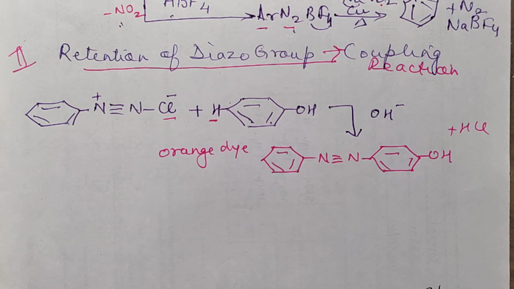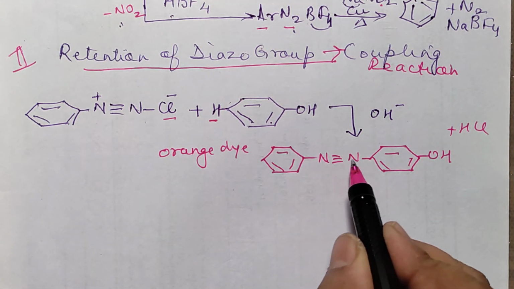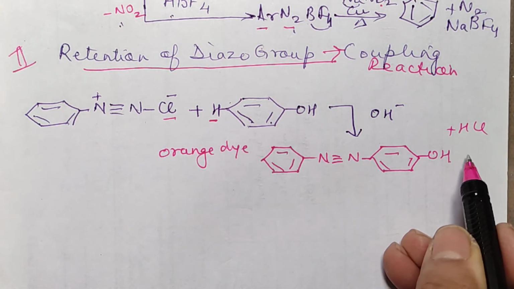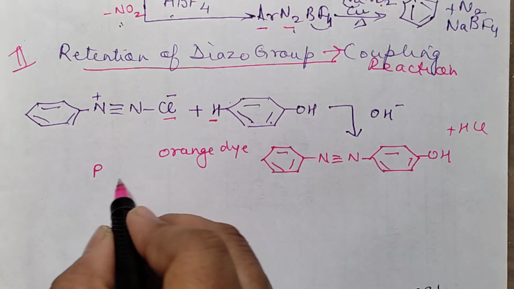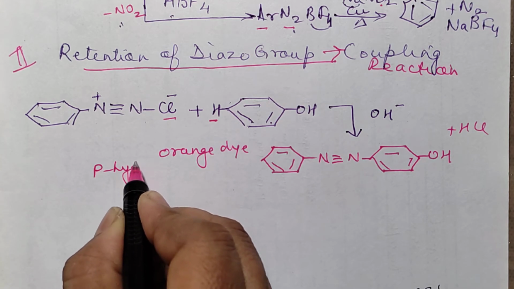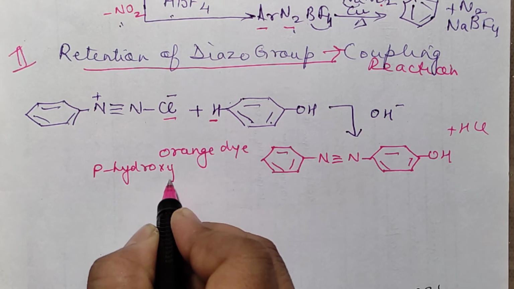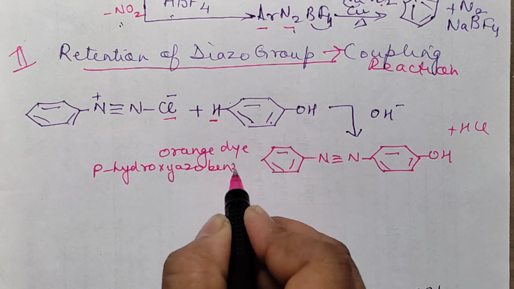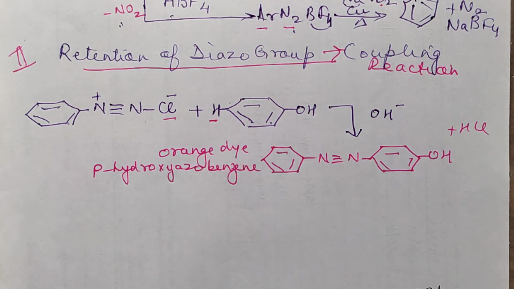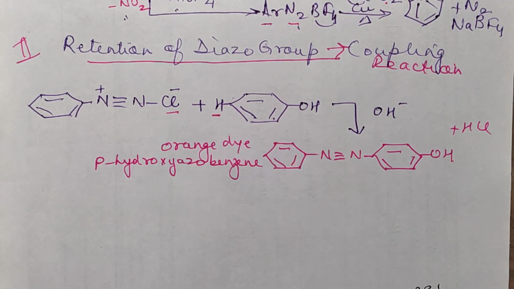Now what will be the name for that? You check with reference to this. On the para position there is OH. OH means hydroxy, so it is para-hydroxyazobenzene. That is the name of the product.